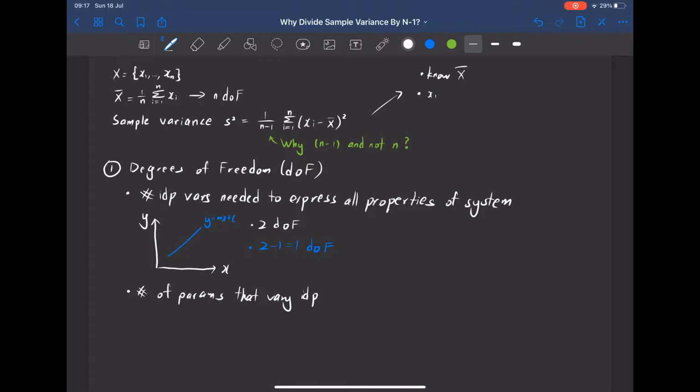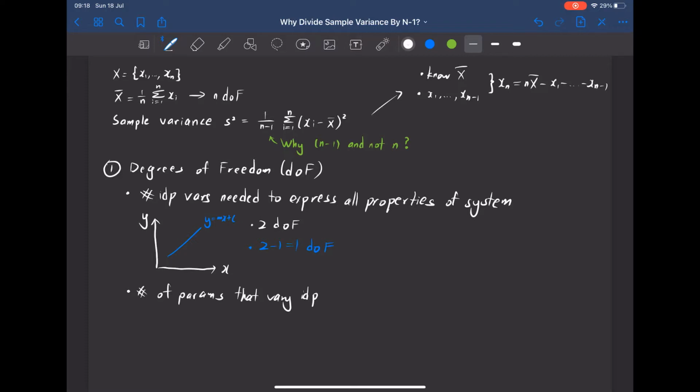And now, suppose we know the value of x1, x2 up till xn-1. Then I want you to see that we don't need to know the value of xn because xn is just n x bar minus x1 minus up till xn-1.